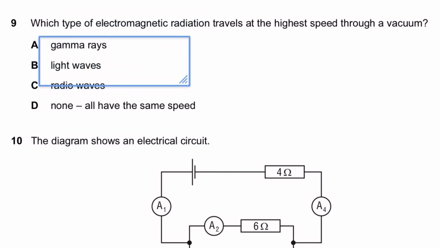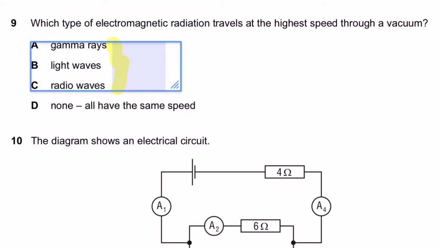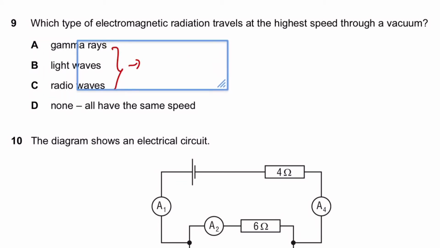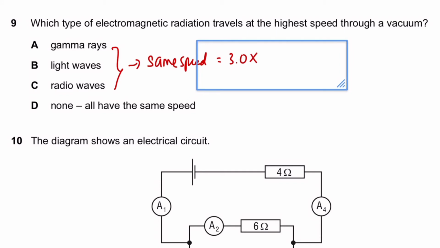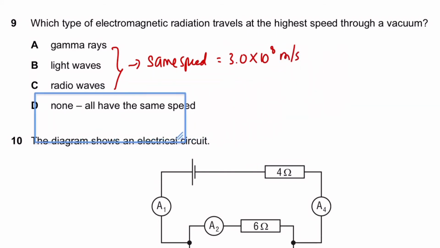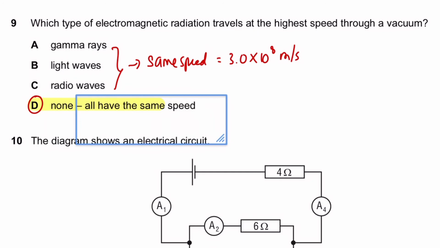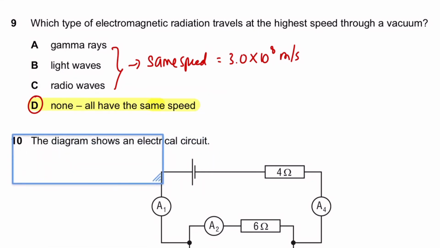So all of these three have the same speed, which is 3.0 times 10 to the power of 8 meter per second. So the answer is D. They all have the same speed. Okay, we're done with question 9.